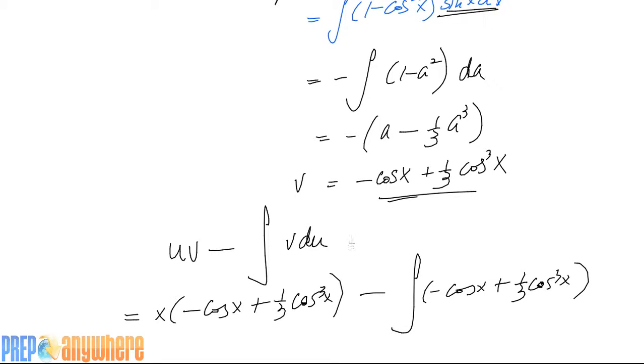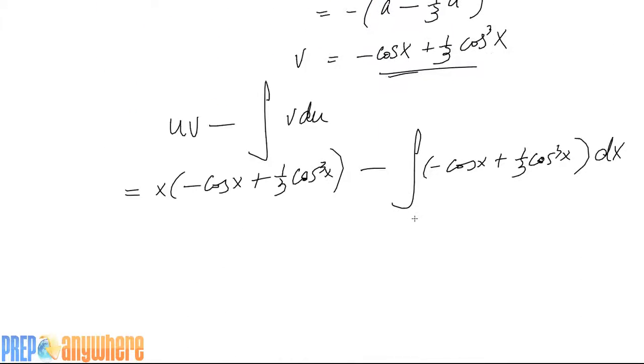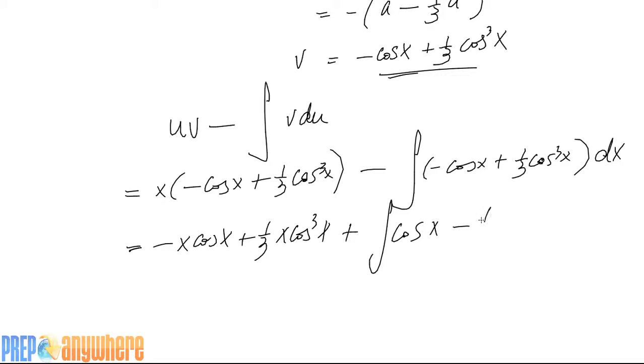And of course du is just dx. From here du is just dx. All right. Multiply the x in to get rid of the bracket. If you multiply the negative in, you get positive integration of cosine of x minus 1/3.